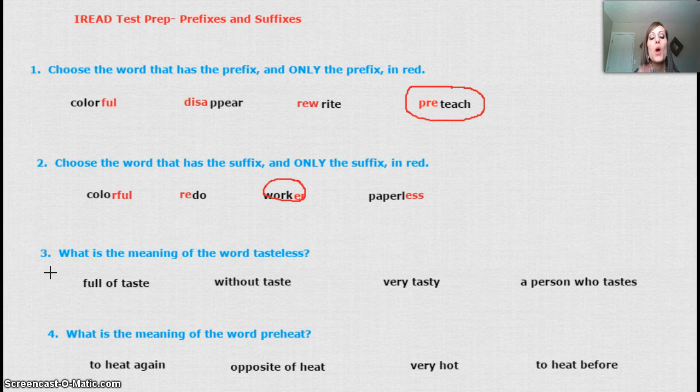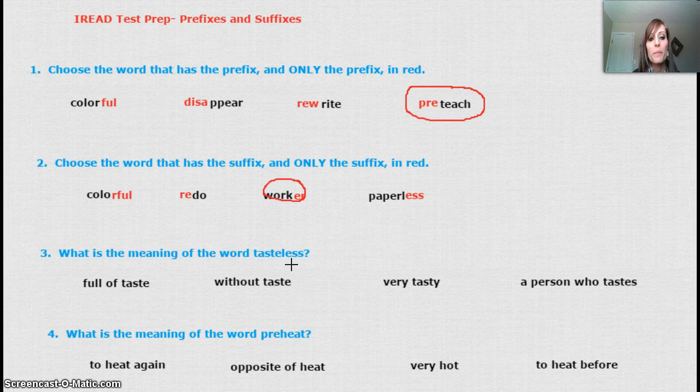Number 3. What is the meaning of the word tasteless? Okay, so I have 4 different answer choices. I need to figure out what tasteless means. Well, first I'm going to find my root word, taste. What got added to taste to change the meaning of the word? That's right, less got added. What does less mean?